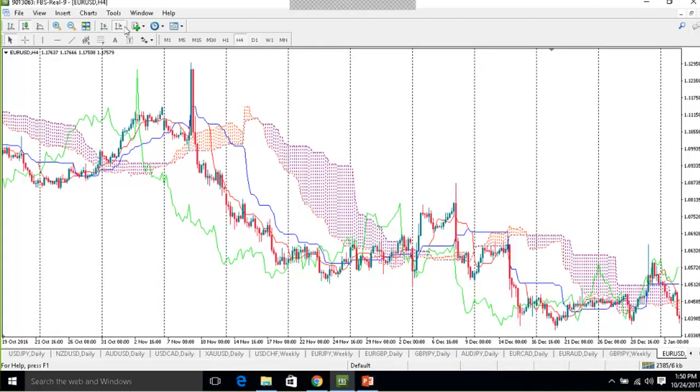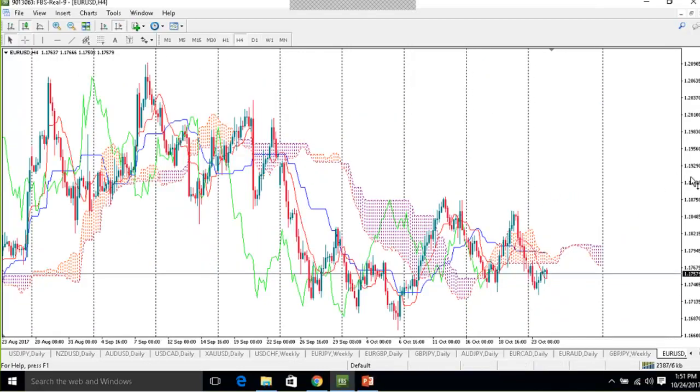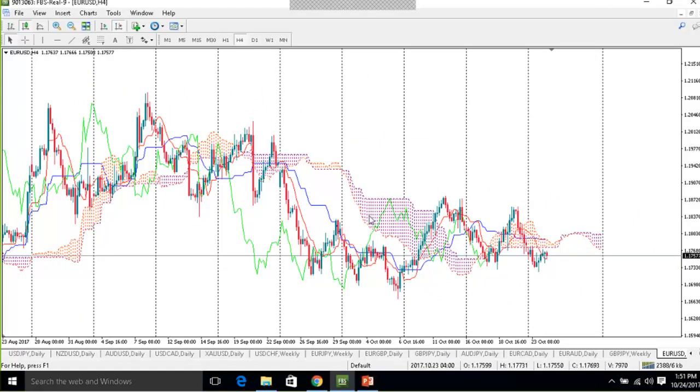Let's look at the 4-hour chart of the euro dollar. What do we have here? As we are for the second week in a kind of sideways move, it is natural that we will see the cloud somewhere between the swings of the price, and Tenkan-sen and Kijun-sen have these swings, these intersections here as well.